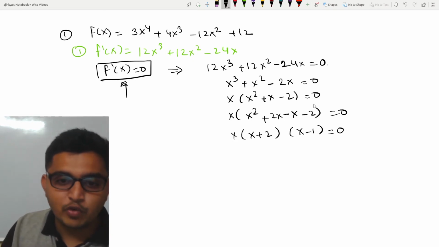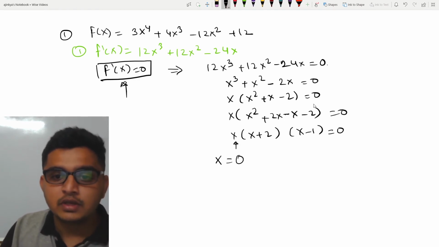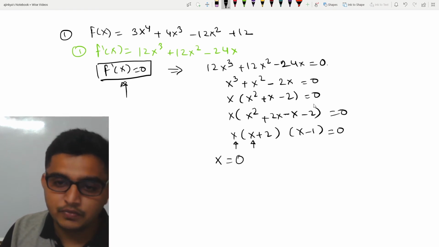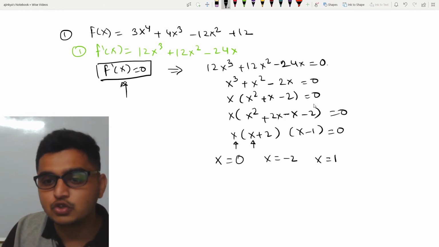So what are these 3 points? First point is when x is equal to 0, this whole term is going to be 0. Second, if x is minus 2, this whole term is going to be 0, and the last one is x equals 1.